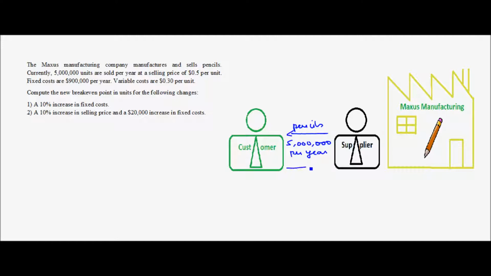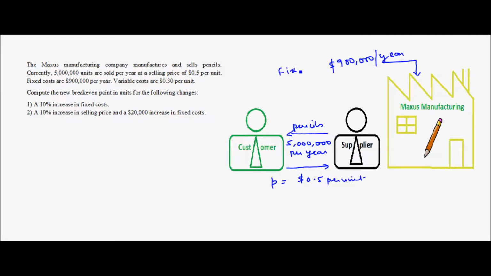And in return, it is getting an amount of $0.5 per unit, and this is nothing but the unit selling price, which is represented as small p. Now the building is leased, so Maxis is paying an amount of $900,000 per year.